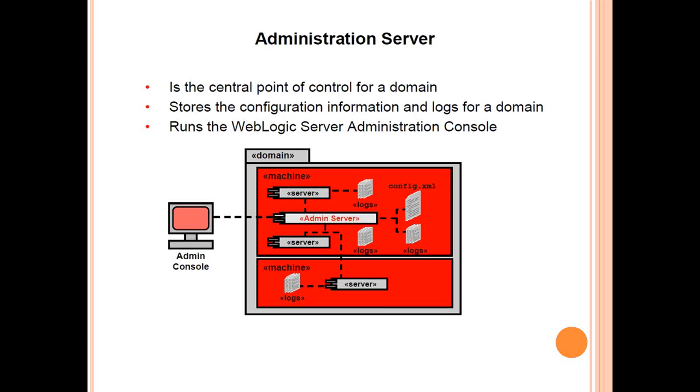The moment you create a domain, it comes with an admin server. You may have multiple servers in the domain, but the admin server will be only one. It's one and only, it's unique. This admin server controls the complete domain. It is like the center point, and it controls the complete domain configurations.